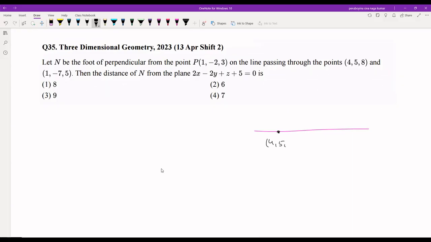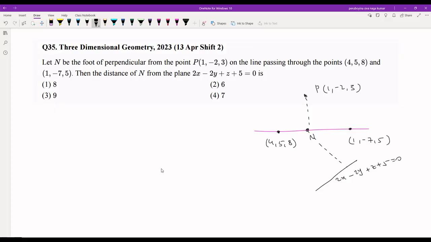N is the foot of the perpendicular of the particular point P, which is 1 minus 2, 3. Then the distance of N from the plane. So after identifying N, we need to calculate the perpendicular distance from this plane, 2x minus 2y plus z plus 5 is equal to how much?